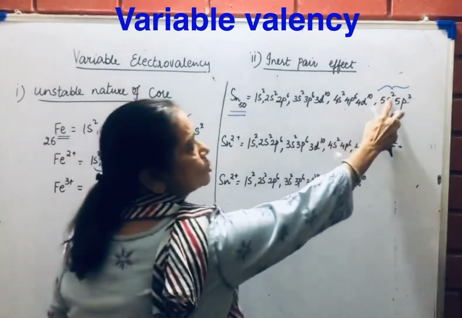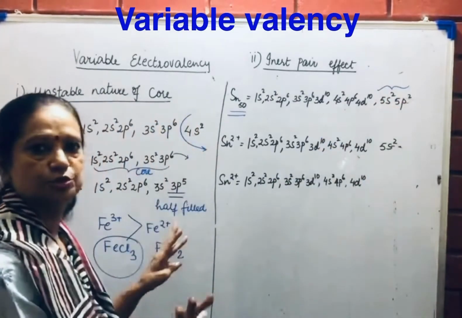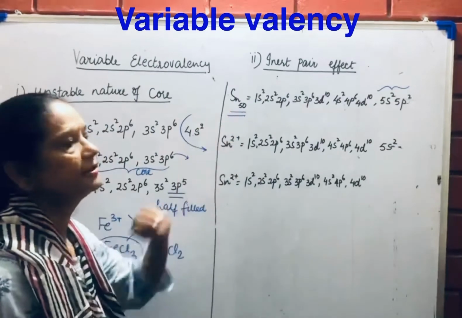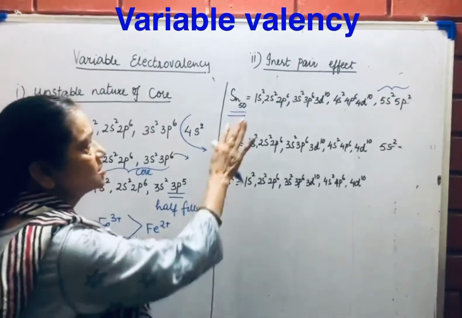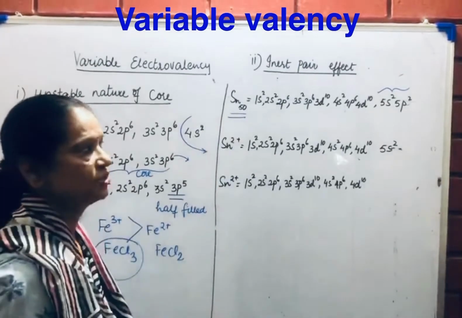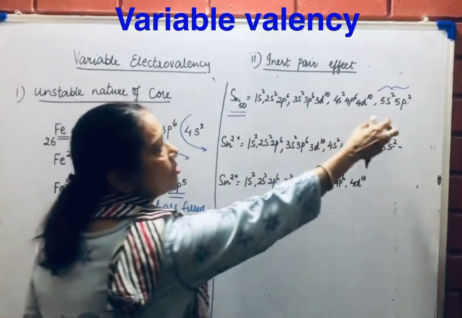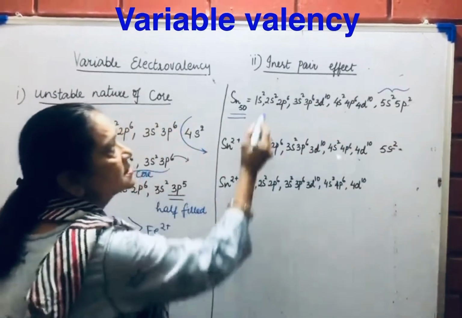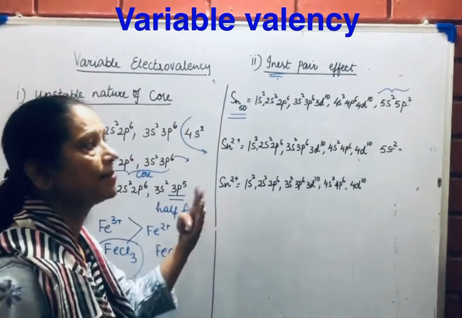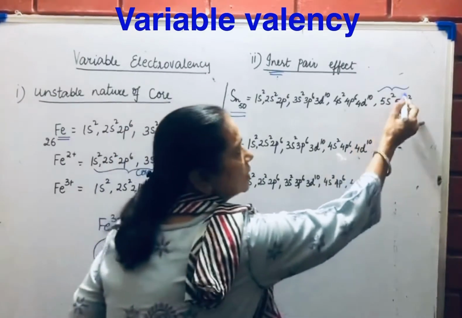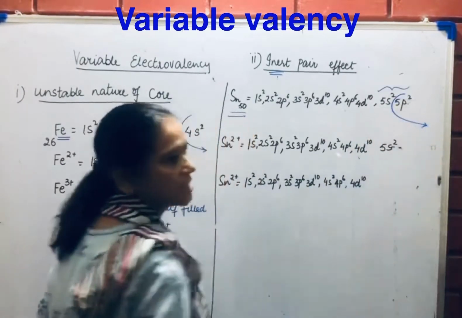So that means 2 and 2, 4 electrons should be lost immediately and Sn should have a valency of 4. But it does not show the valency of 4 immediately because a pair of electrons in this case is inert, is not taking part in bonding. So initially only p electrons are lost.